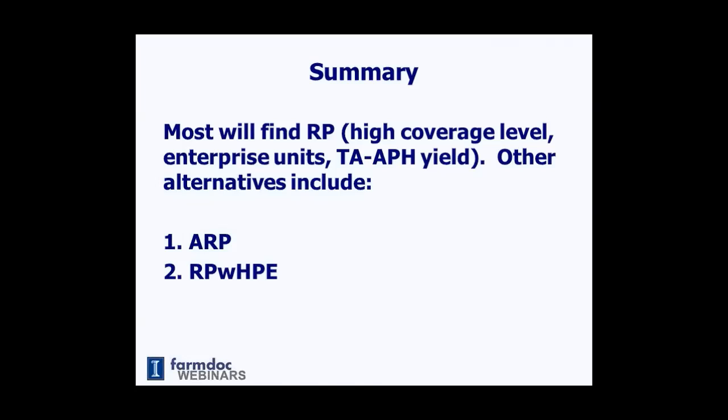Those subsidy levels are... right now my mind is going blank with what the subsidy levels are. It's right at 50%. We'll find that out, and we'll get that to you. But it's right at 50%. They vary by coverage levels, and we'll make sure that we get that posted.